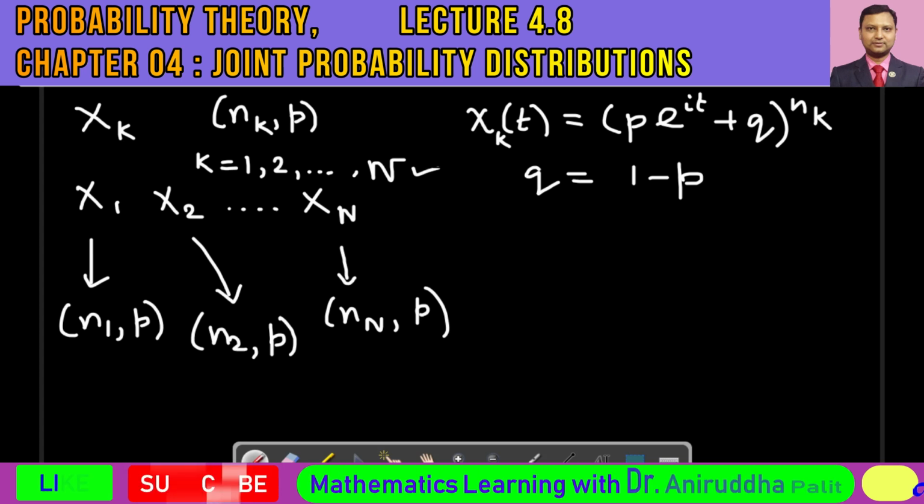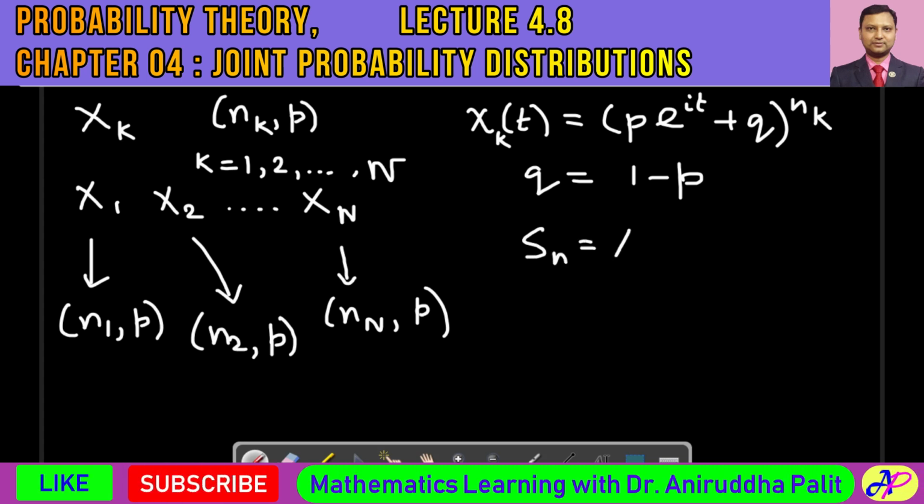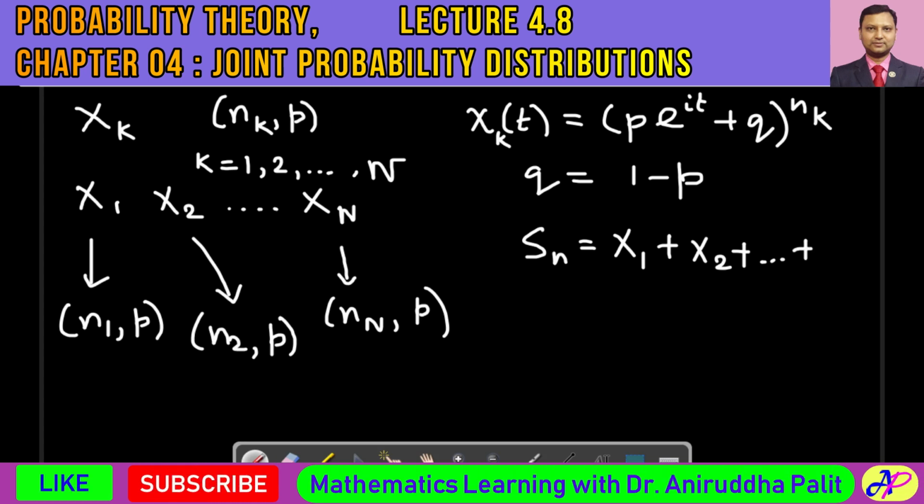Now if we have Sn equal to the summation of all these random variables, x1 plus x2 plus dot dot dot plus x capital N.